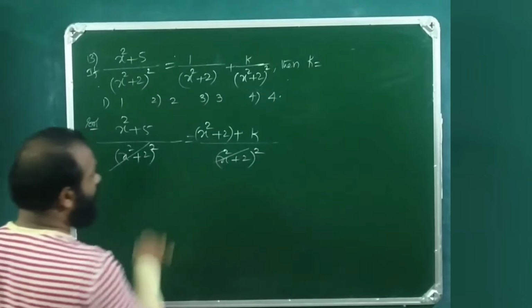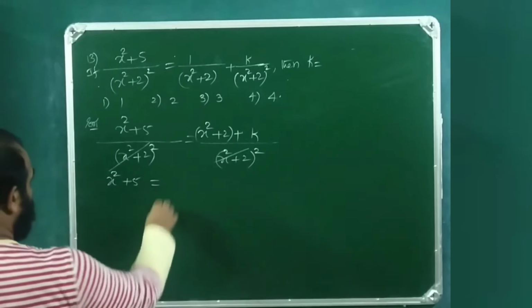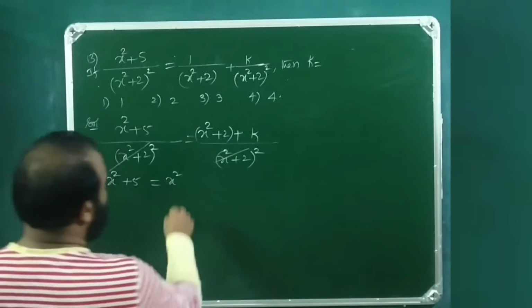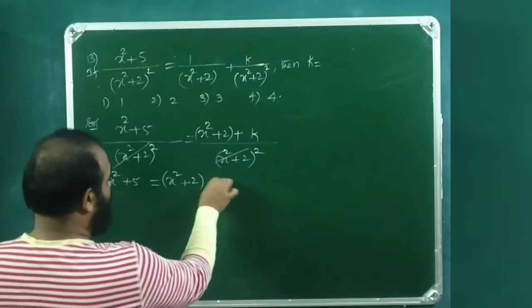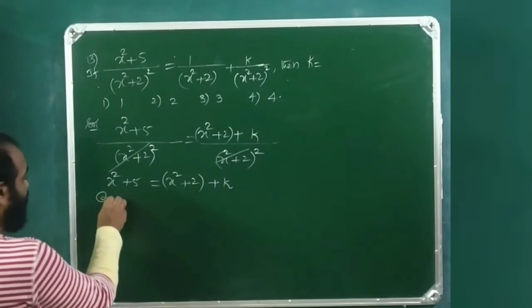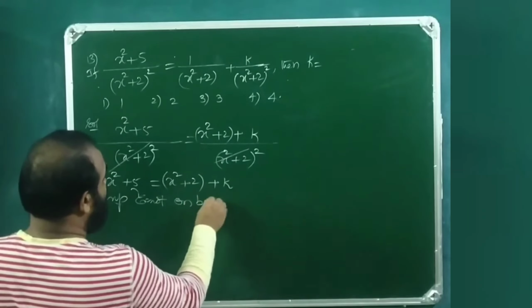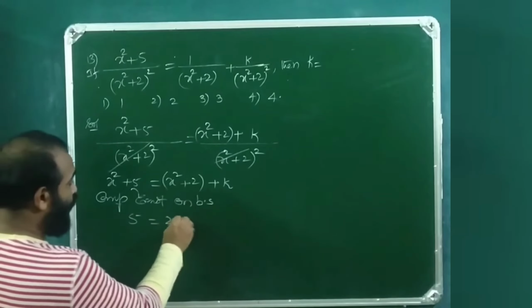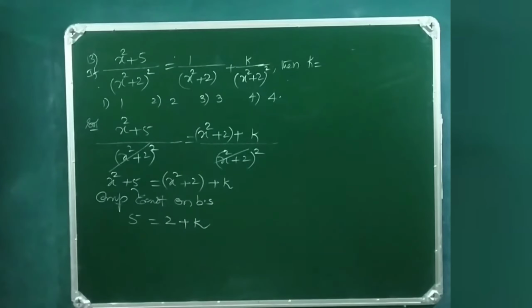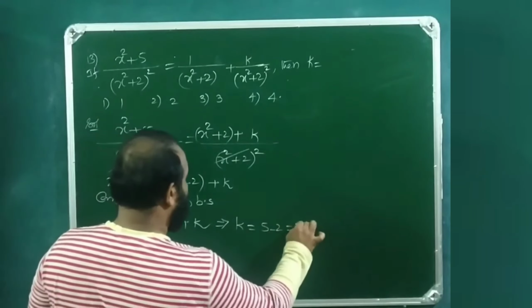These two get cancelled. Now x square plus 5 is equal to x square plus 2 plus k. Comparing constants on both sides, 5 is equal to 2 plus k. So from this, k is equal to 5 minus 2, which is 3.